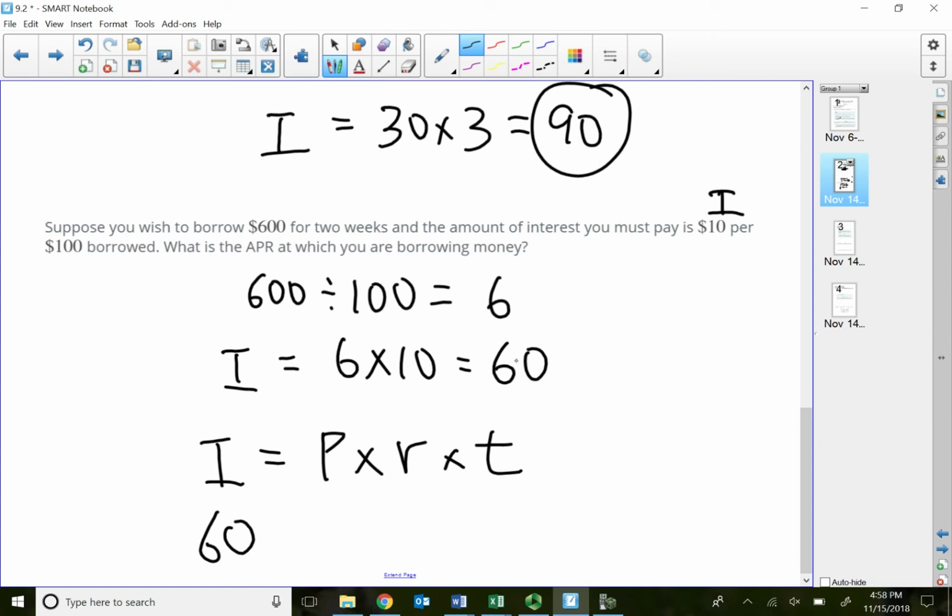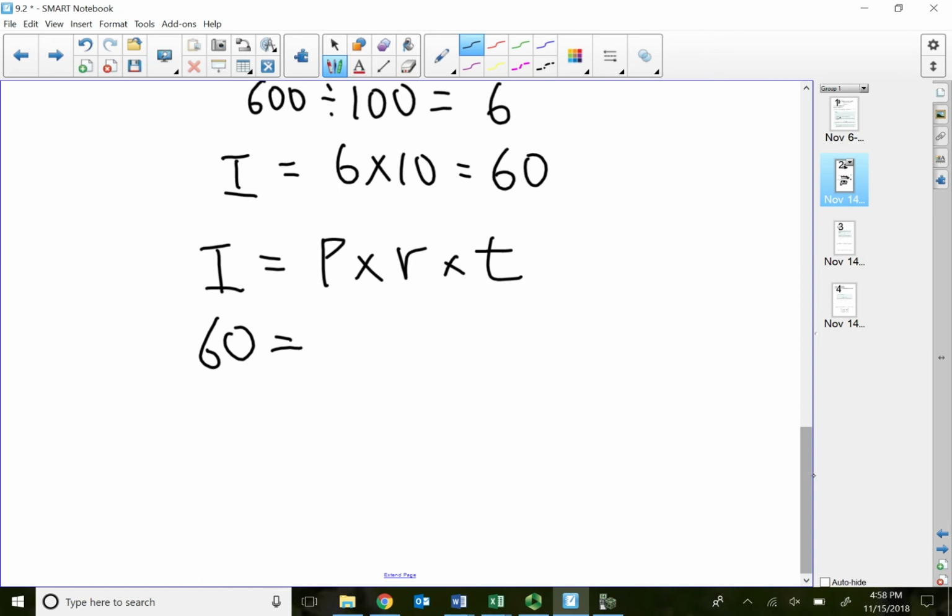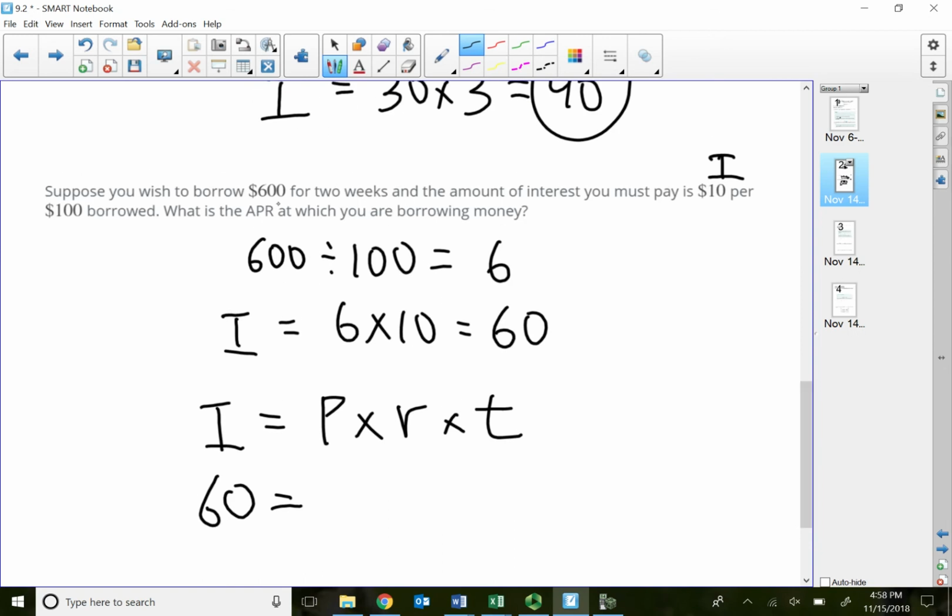We need to figure this I first in order for me to find the R. Because out of the 4 items in this formula, I need to know 3 of those in order to find the one missing one. So my P, remember what I borrowed was $600, times the rate times the time.